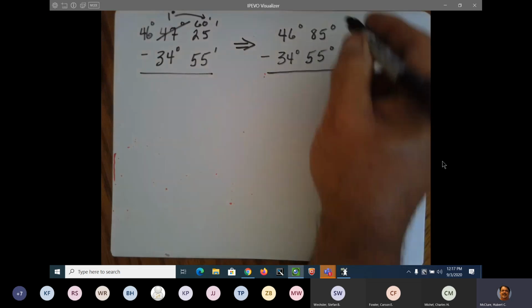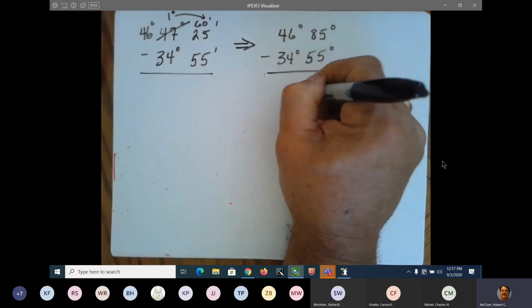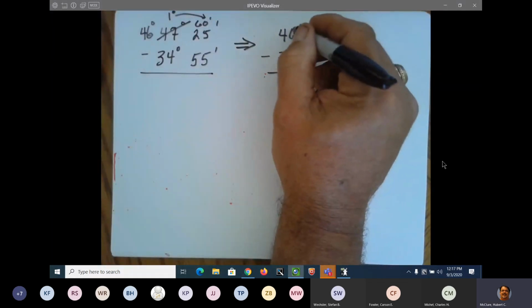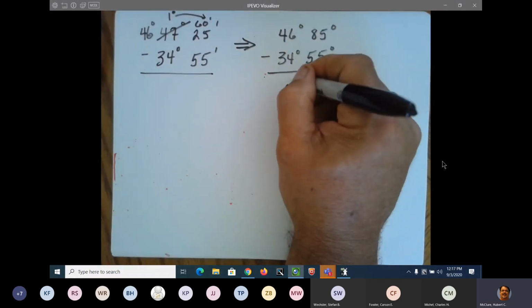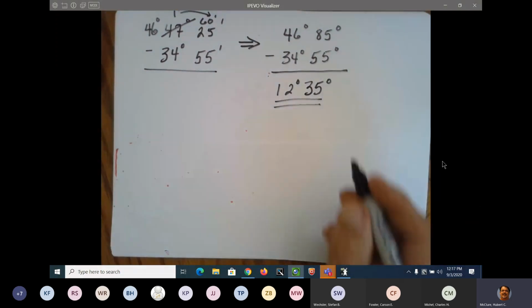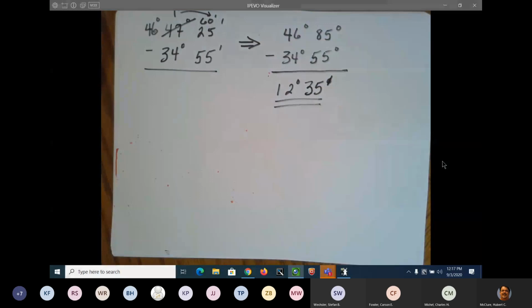So 85 minus 55 is 35. And 6 minus 4 is 2. And 4 minus 3. So 12 degrees, 35 minutes.